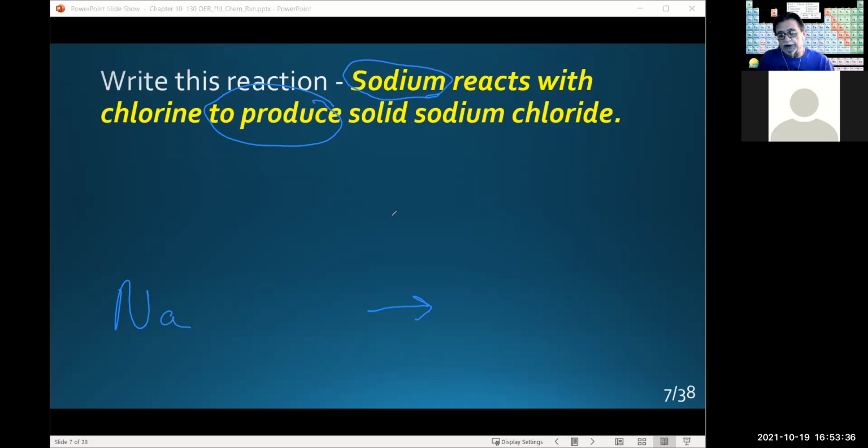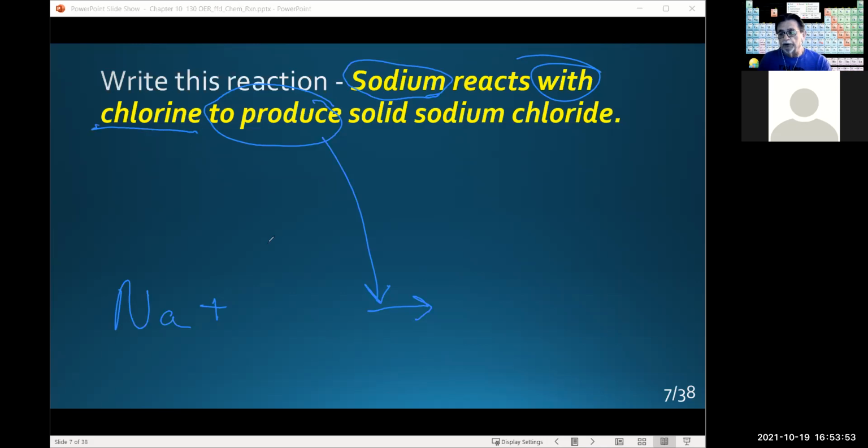So to produce in this case is indicative of the arrow, okay? So sodium reacts with is telling you there's another species as a plus.